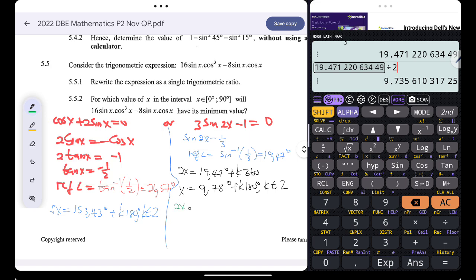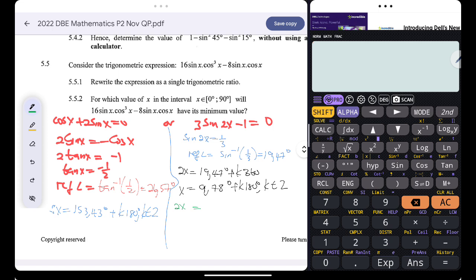I'll have 2x is equal to, in the second quadrant, angles are expressed as 180 minus the reference angle, which is 19.47, right? So I'll have 2x is equal to 160.53 degrees plus k 360.